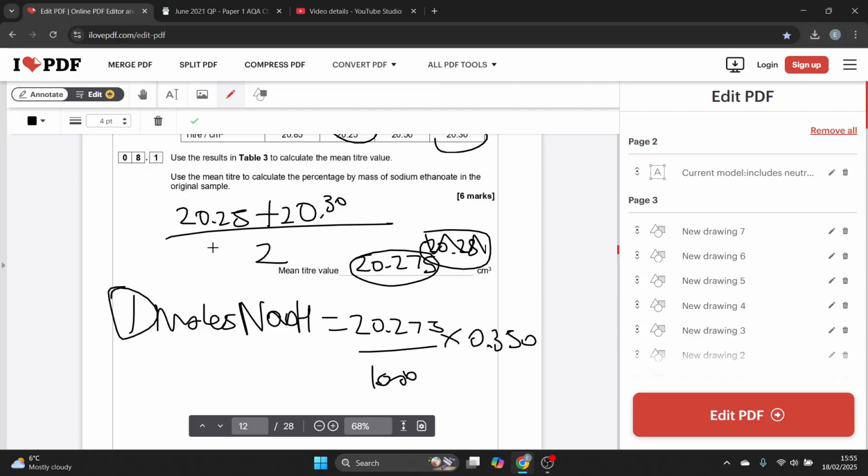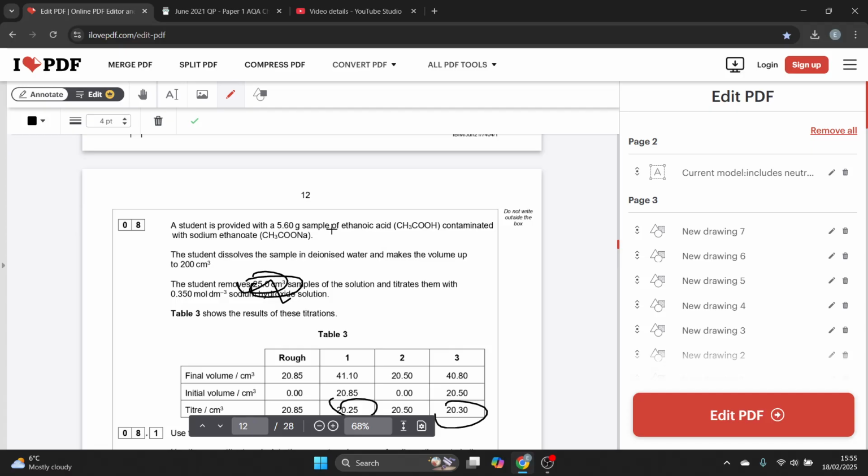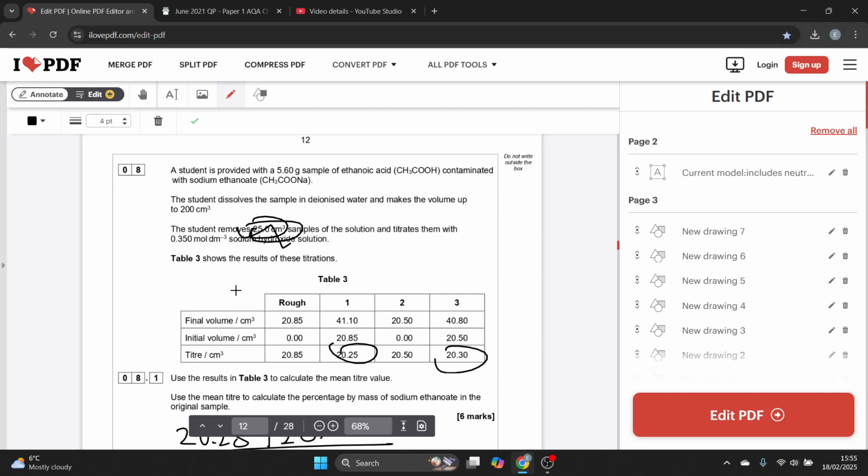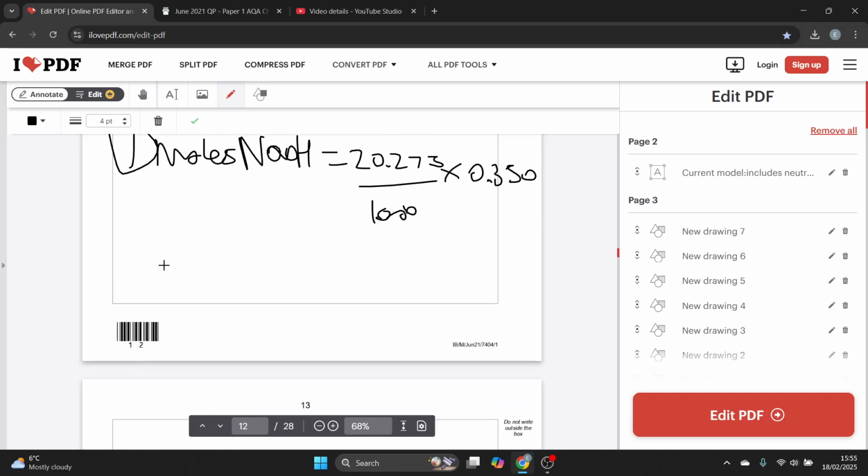That's my new moles. And that's a 1-to-1 mole ratio, so that's the moles of the ethanoic acid: 0.05677 moles of the ethanoic acid, in 200 centimetres cubed.